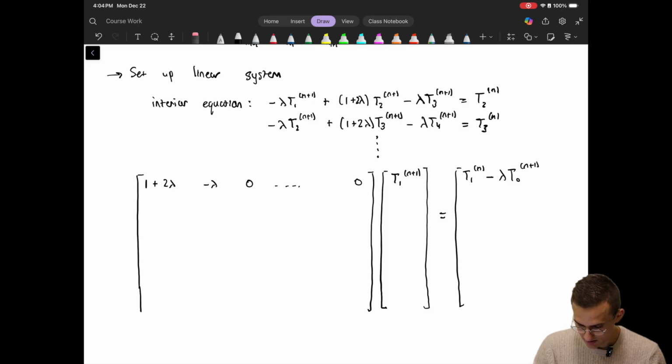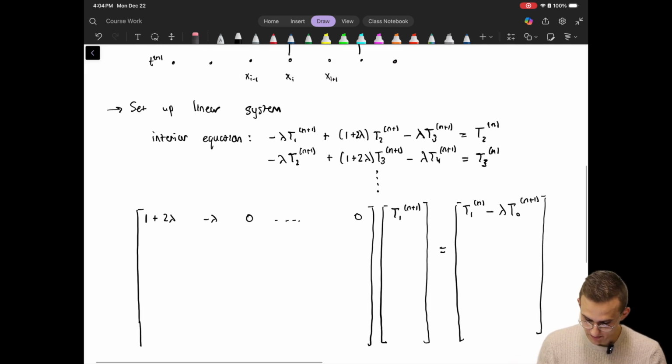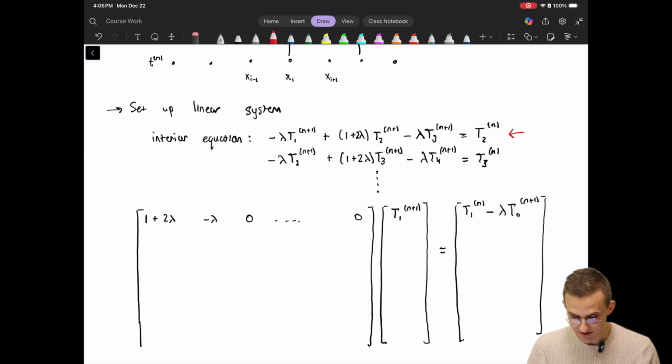So what we've done is, if we had written this equation centered at t1, or at grid point 1, then we would have this equation here, but we're moving the boundary value into the right hand side, because we have Dirichlet.